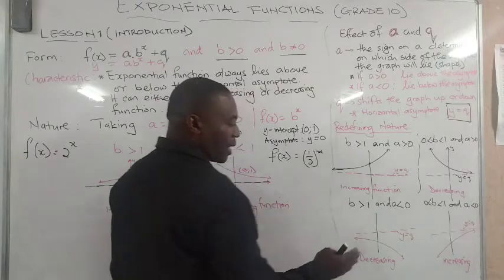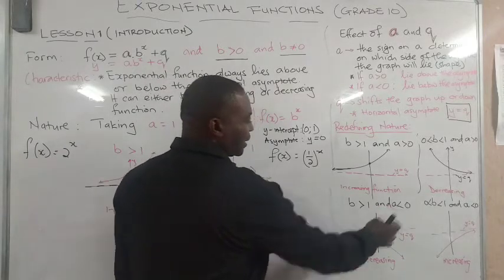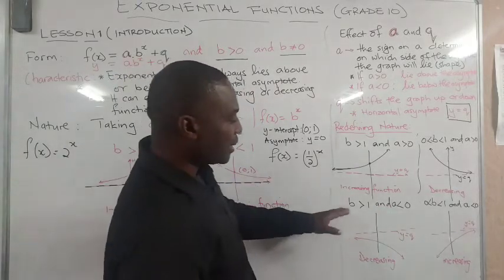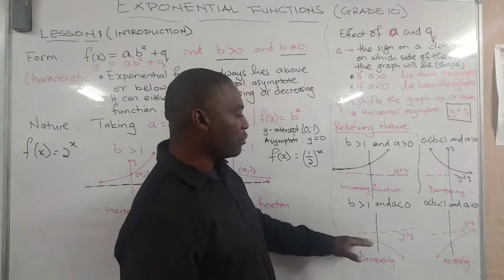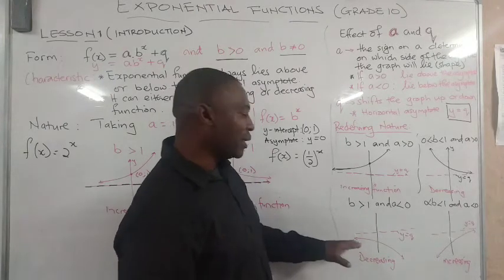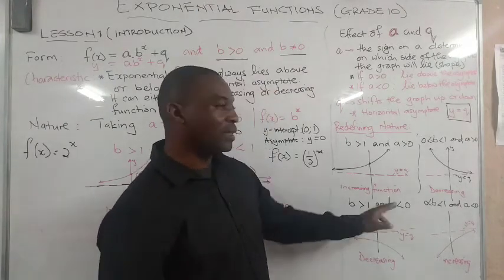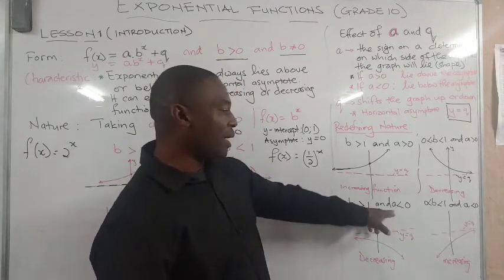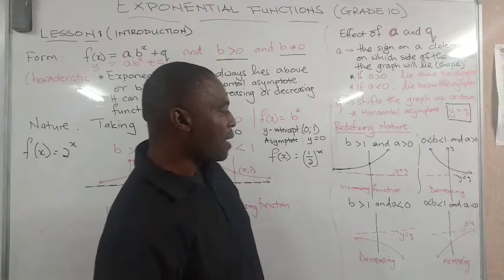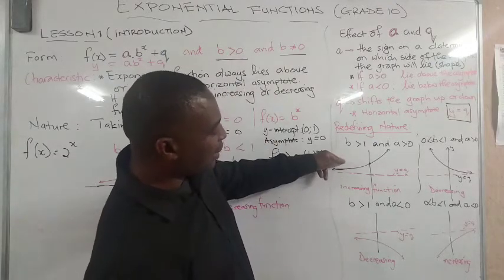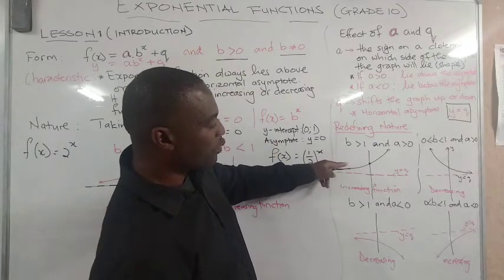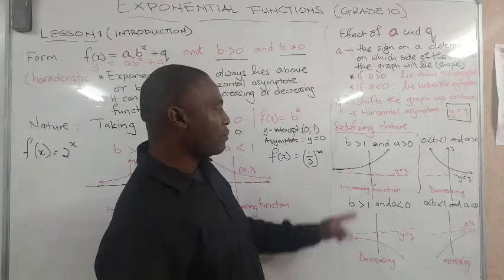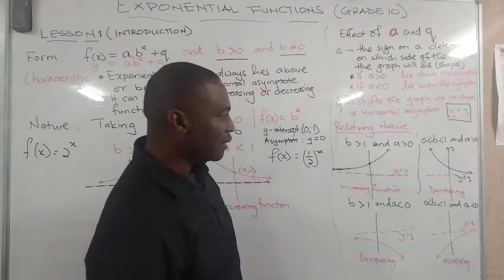b is greater than 1, and a is less than 0. This is where we are saying now the graph will be below the asymptote line because of this negative, which causes a reflection of the graph when a is positive. Alright, so we can see that it's the reflection of this graph because a is now negative.